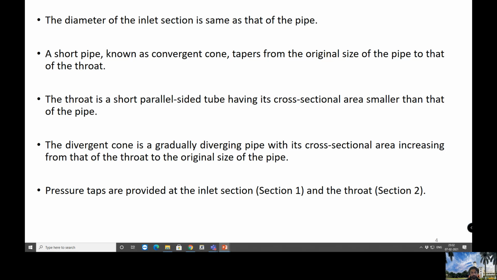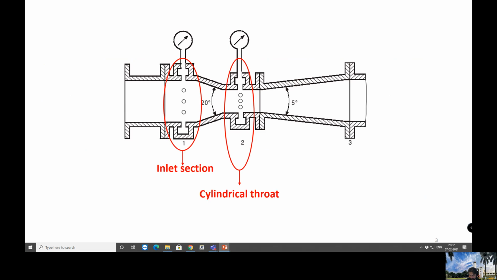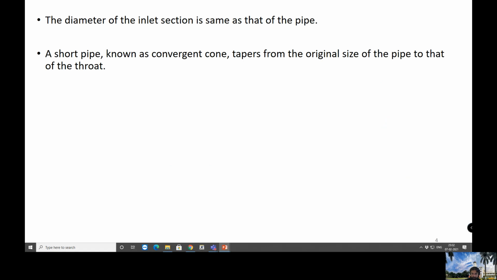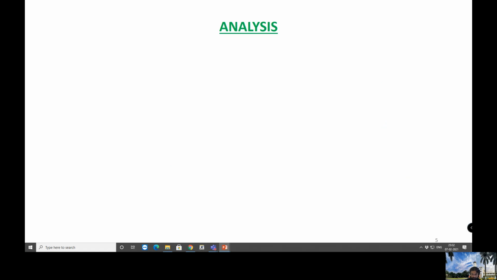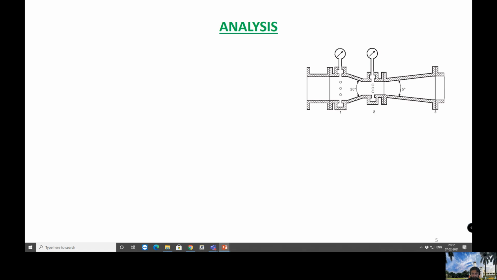The pressure taps are provided at the inlet section, that is section 1, and section 2. So pressure taps are there at section 1 and section 2 so as to measure the pressure, because this venturimeter works on the principle of Bernoulli's equation. We will go into the analysis section very shortly. So the analysis based on Bernoulli's equation: you see, this is section 1 and this is section 2.